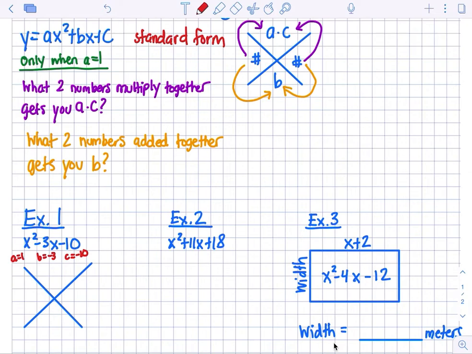So our a times c is going to be 1 times negative 10, which is negative 10 on top. And our b value is negative 3. So we're going to put it there.